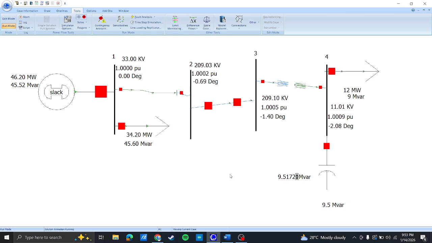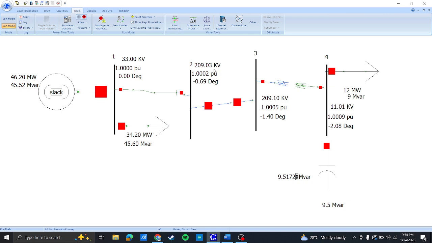So this is the circuit with shunt component at the value of 9.5172 MVAR. Here, as you can see, all the power factors are now the same, which is 1, and there is no voltage drop across the transmission line.